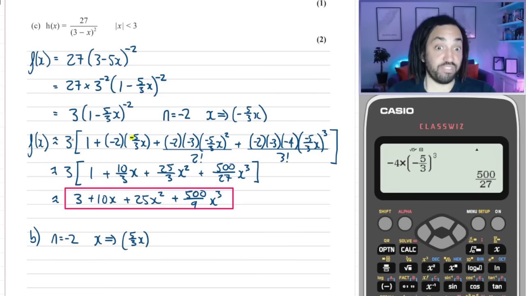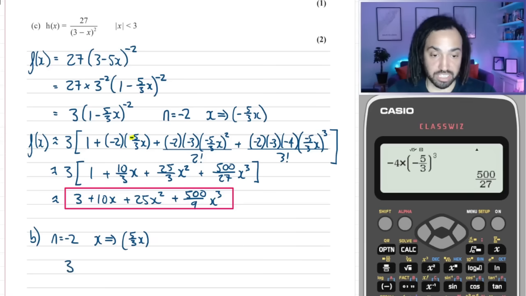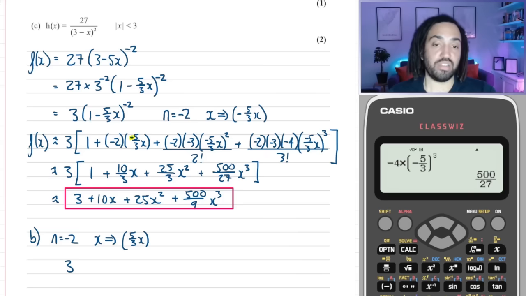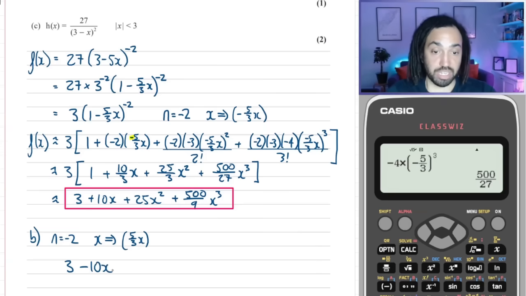So, in fact, the first term is going to stay completely unchanged because the first term is just 1 times by 3, so that's going to become unchanged. Now this one, that minus is going to turn into a plus, which means overall we're only going to have one minus in this term, so therefore rather than two minuses making a plus, we're going to have just one minus, so it's going to be minus 10x.